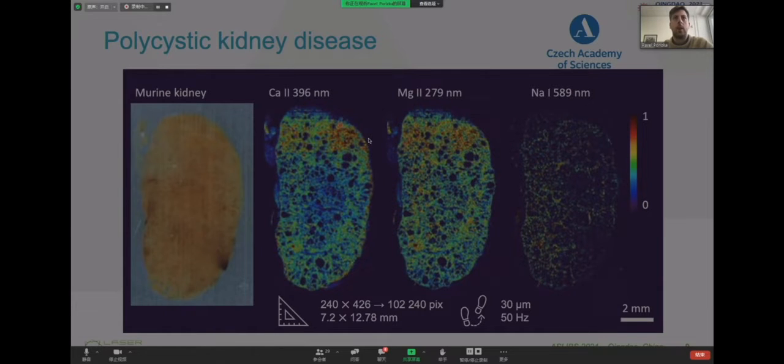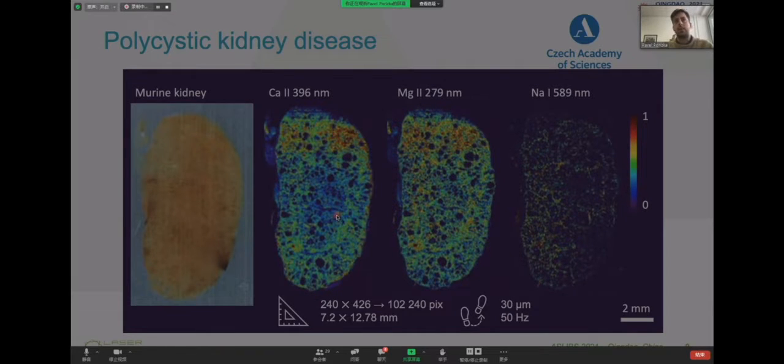So right now we are discussing with biologists what we can imply, or derive as information relevant to biologists, from those images. And you can see that the polycystic kidney, as I said before, has really some holes in it.